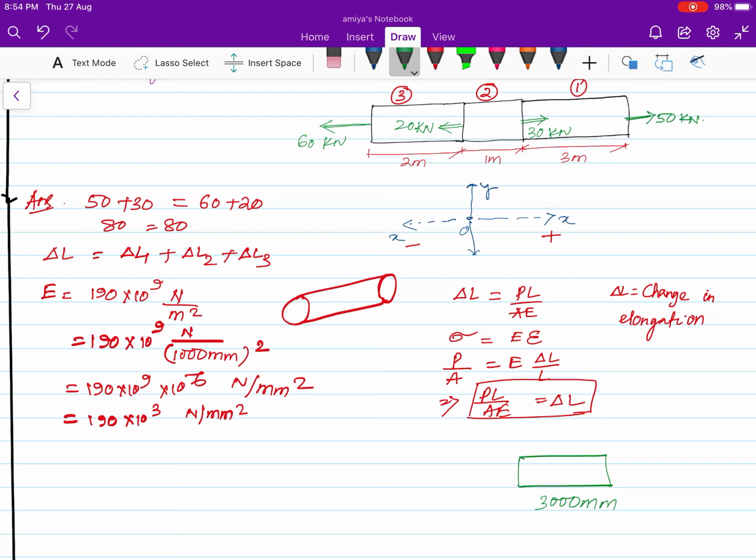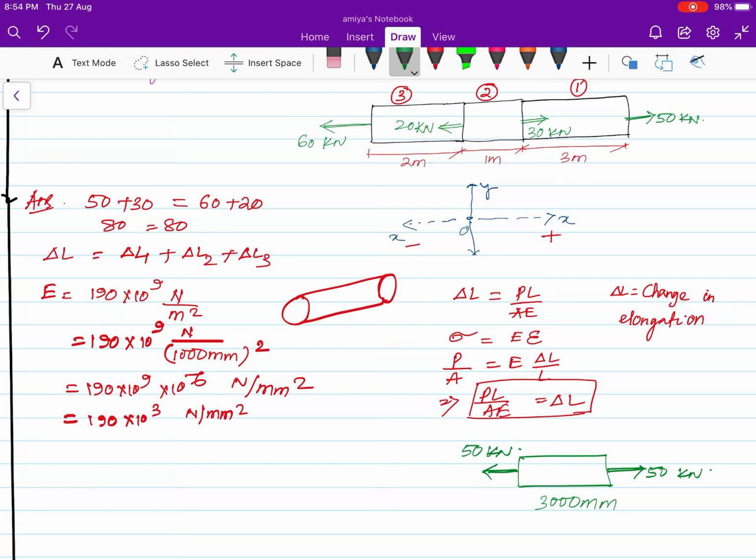Just start from the right hand side. On the right hand side you can see that a 50 kilonewton load is applied in the positive x direction. So due to equilibrium, on the other side also a 50 kilonewton force will be there.